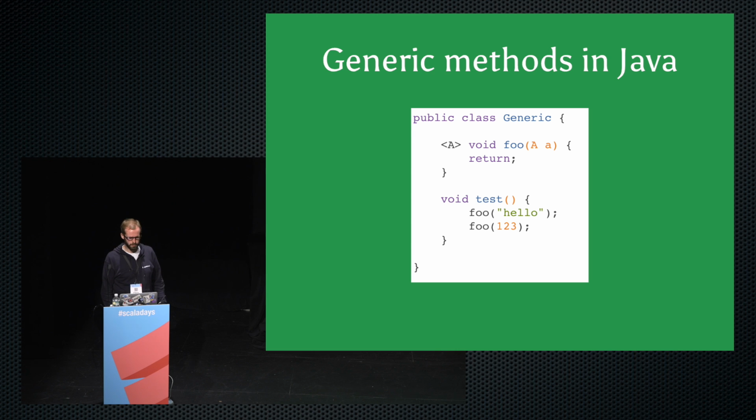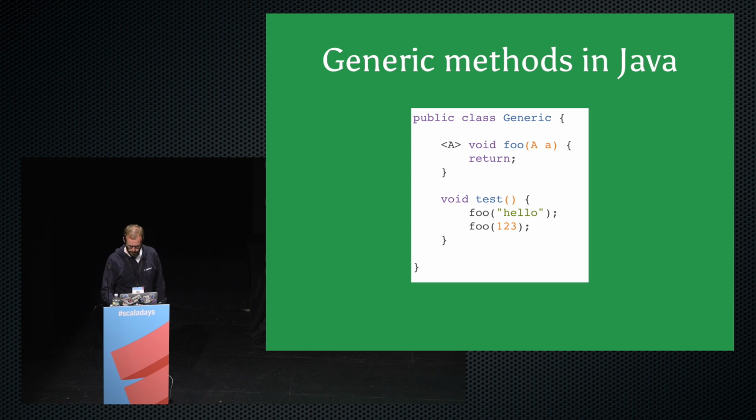So it says, I take an A, but I don't care what its type is. I'm just going to call it A. There's no bounds on this at all. It could be anything. It could be a primitive int, or it could be a string, or whatever. And then underneath we have another function test, which is calling this. So first it calls it with a string, which is a reference type, and then it calls it with an integer, which is a primitive.